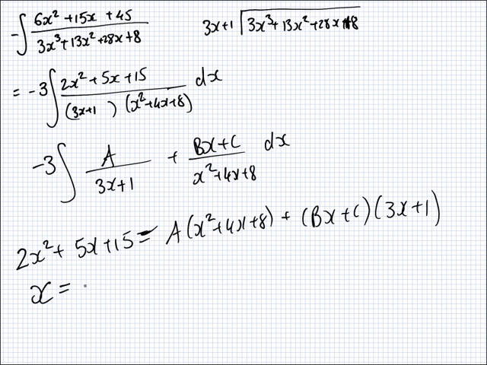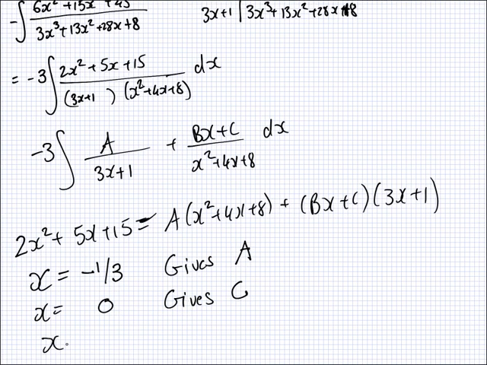Minus 1 over 3, I think, because this can give me a. Yes. And then what should I choose next for x? I think I'll choose 0, because this gives me what? 8 a plus c. Hmm. And just what?